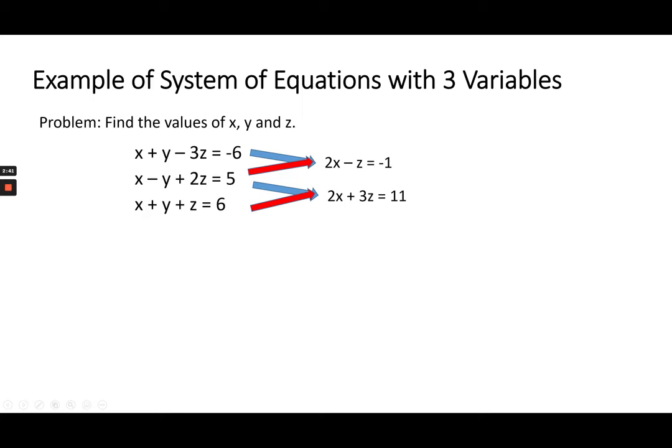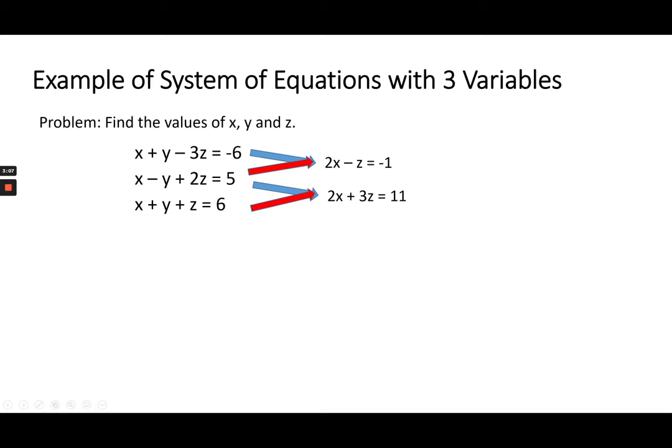Looking at your example, I think it would be easier to eliminate x by subtraction. I'm going to do it backwards. 2x minus 2x is 0. 3 minus negative 1 becomes a double minus, meaning plus. So 3 plus 1 is 4. 11 minus negative 1 becomes plus 1, so 11 plus 1 is 12.